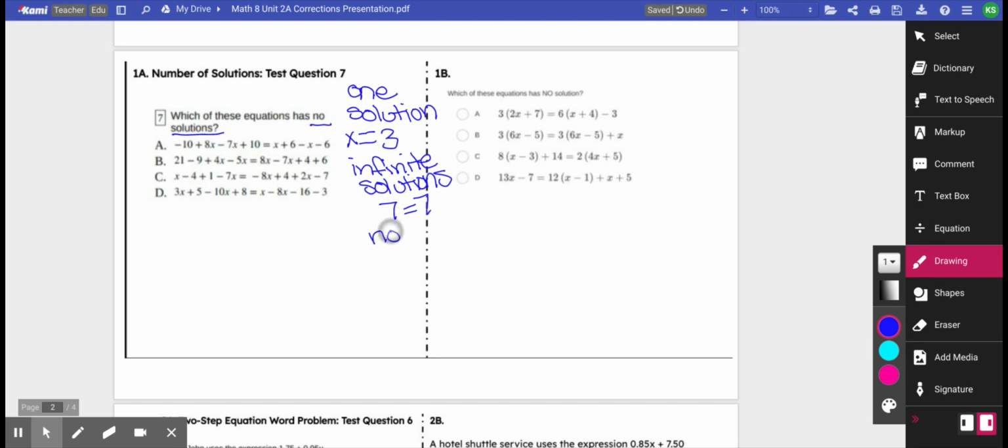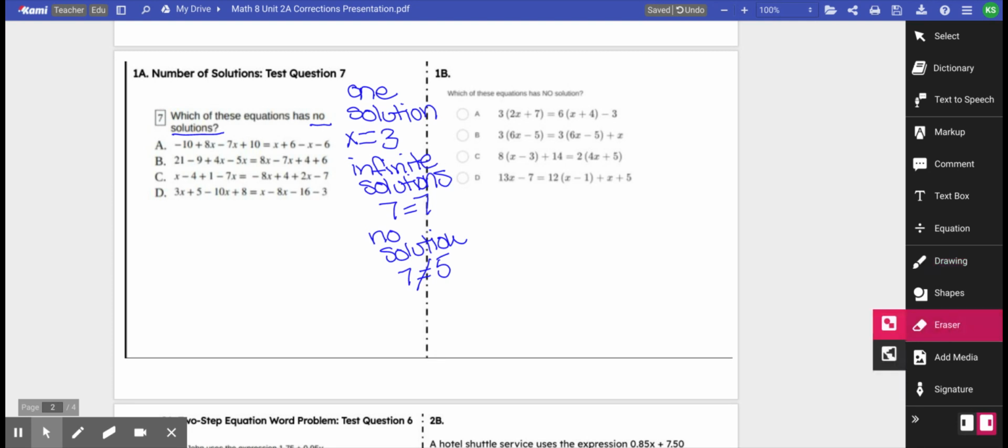And no solution looks like 7 equals 5, where they're not equal to each other. Okay, so that is what we are looking for. We're looking for where the two sides don't balance and never would balance.